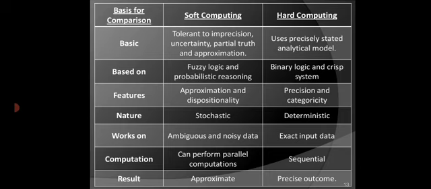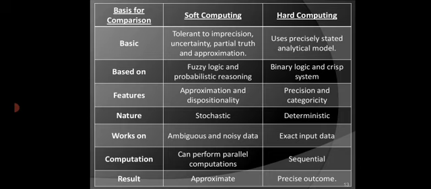So let's see the difference. In terms of basics, soft computing is tolerant to imprecision, uncertainty, partial truth, and approximation, while hard computing is on the basis of precision and analytical models.